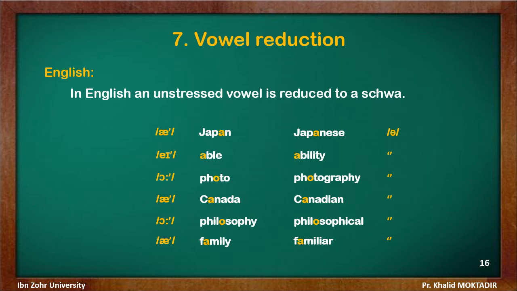And notice the vowel o in philosophy, how it becomes a schwa when the stress moves to another vowel, and it becomes philosophical. Now the vowel a in family, when the stress shifts to the next vowel, the a becomes the schwa: familiar.